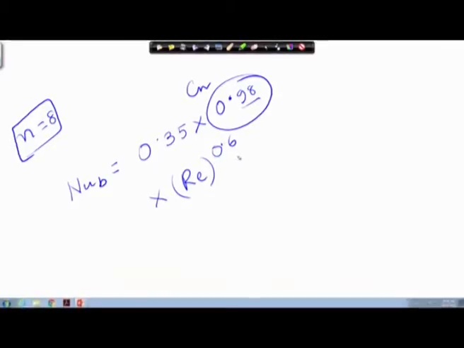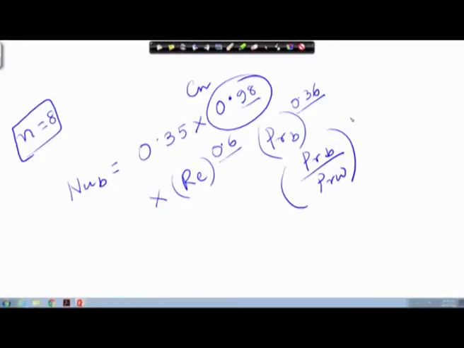Then we have Pr b to the power 0.36, then Pr b by Pr w to the power 0.25, and then SD by S longitudinal to the power 0.2. When we evaluate this, it comes out to be 66.3.